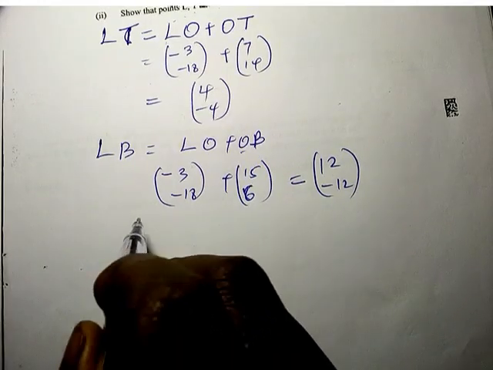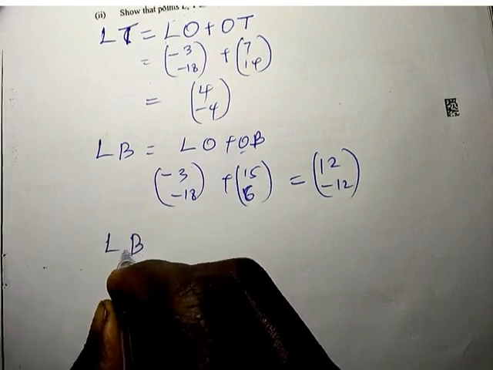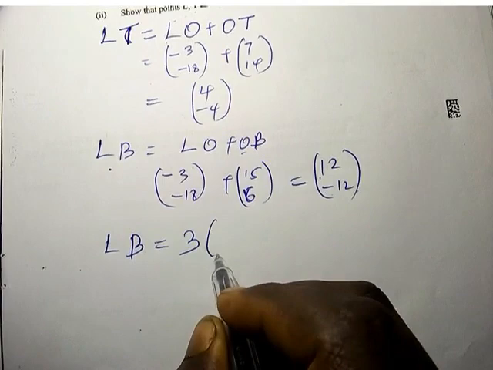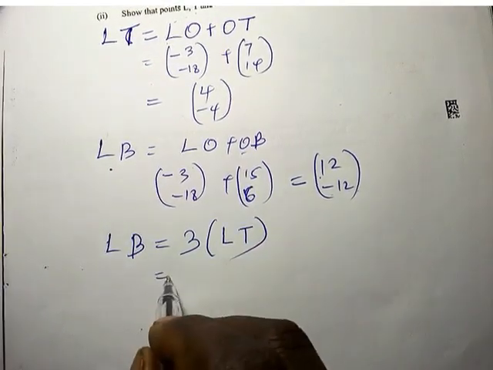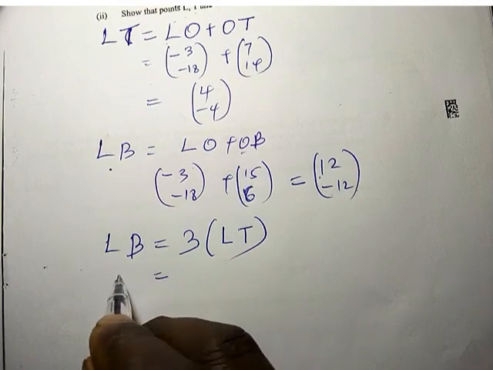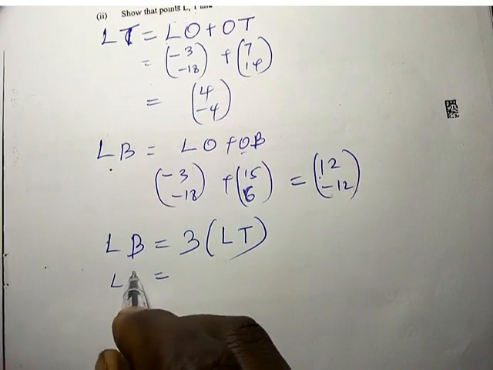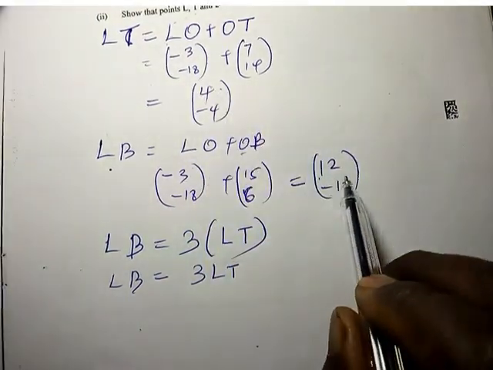So you can clearly see that LB, which is (12, -12), is equal to 3 into LT, because LB equals 3 LT. If you multiply this times 3, you will get this one.